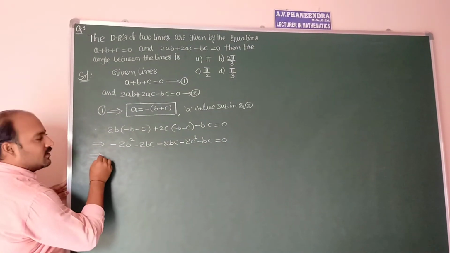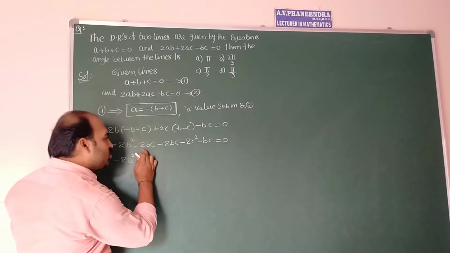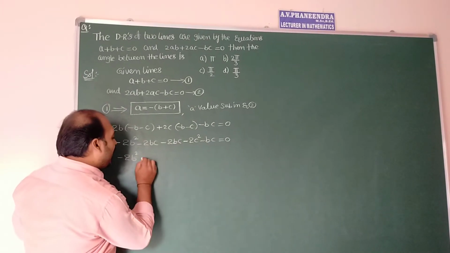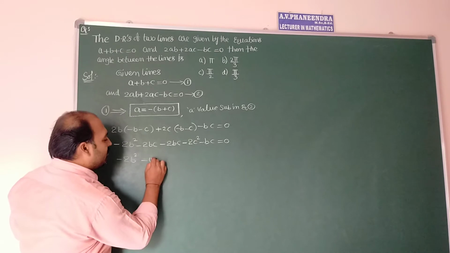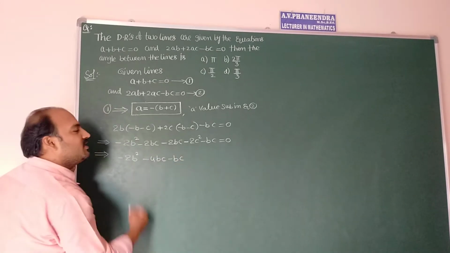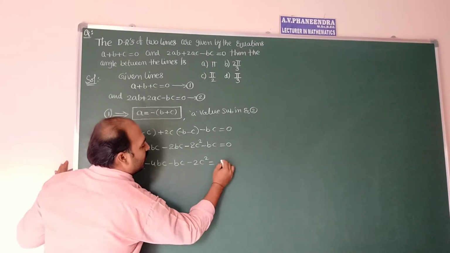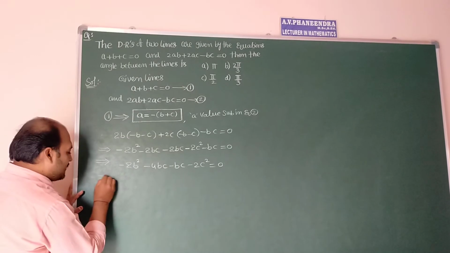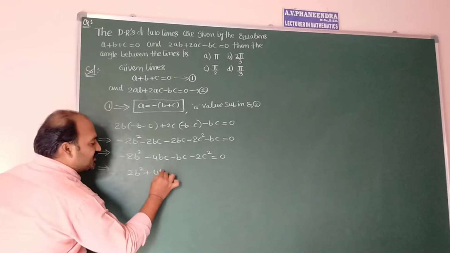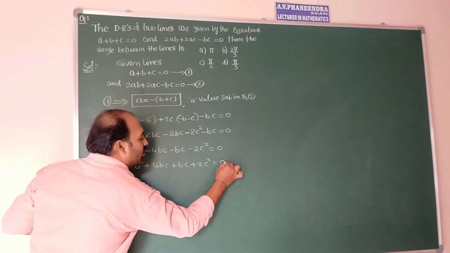That implies minus 2b square minus 2bc minus 2bc minus bc, which we can write, according to our convenience, as minus 4bc minus bc. For factorization convenience I am writing like this. Minus 2c square equal to 0. Multiplying throughout by minus, this equation becomes 2b square plus 4bc plus bc plus 2c square equal to 0.